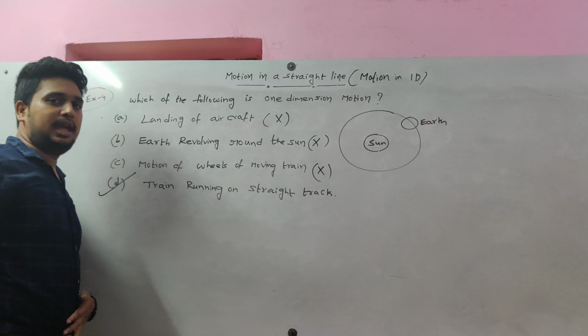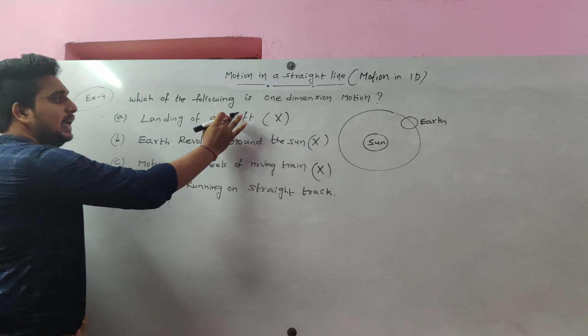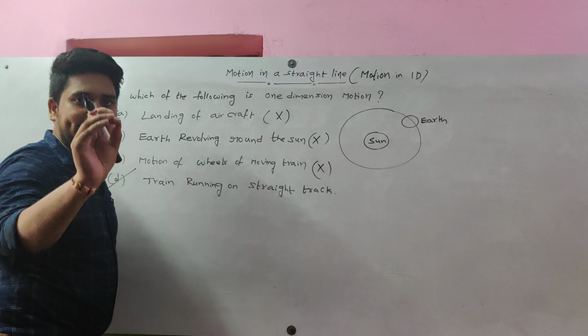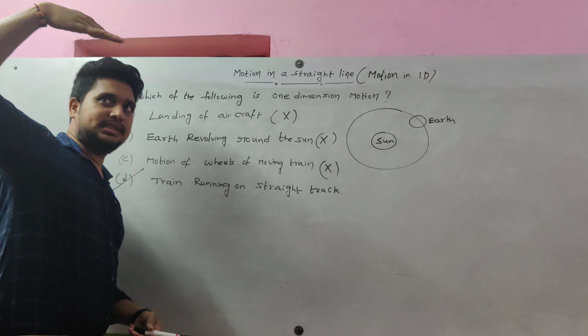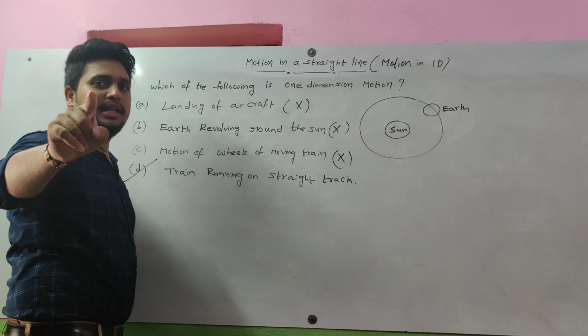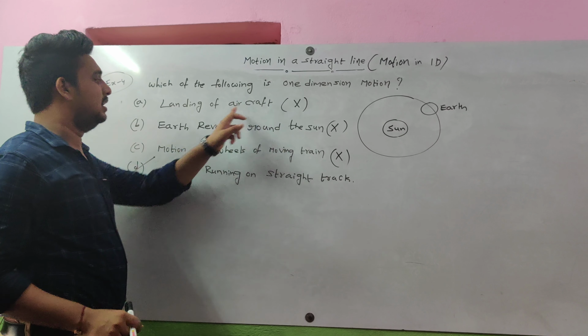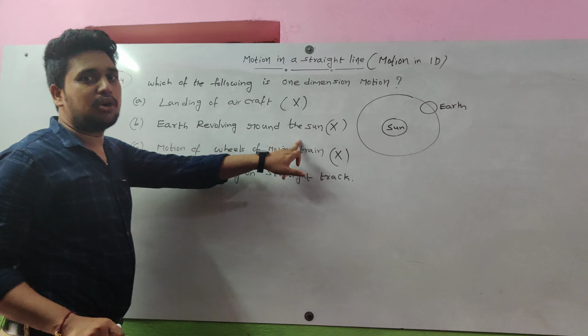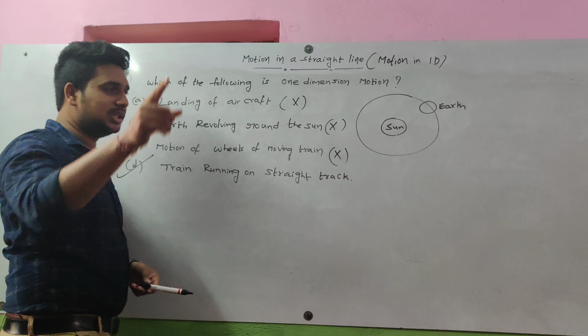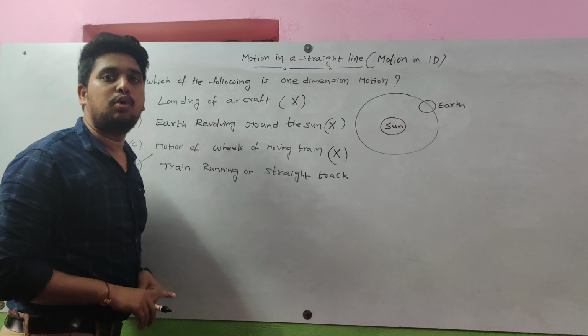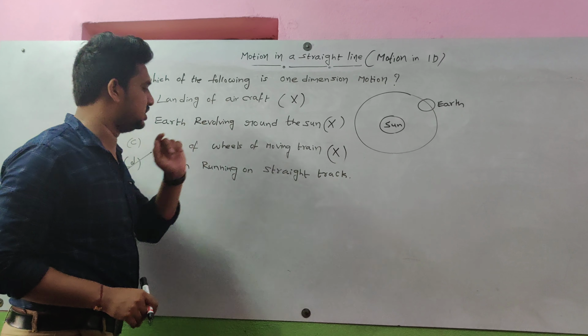Observe carefully. Again I discuss the landing of the aircraft. The aircraft is landing like this. This is motion in a plane, so it belongs to motion in two dimensions. Next, the Earth revolving around the sun belongs to circular motion, not motion in one dimension.